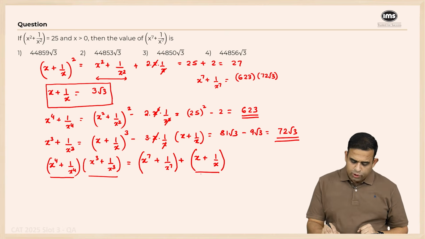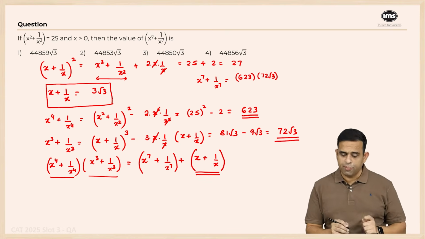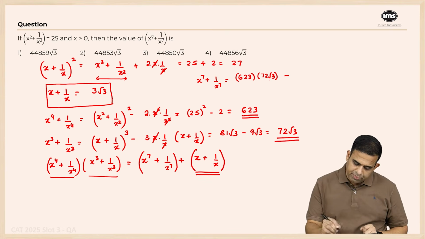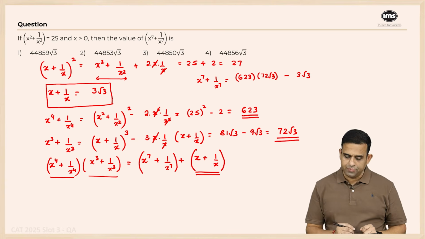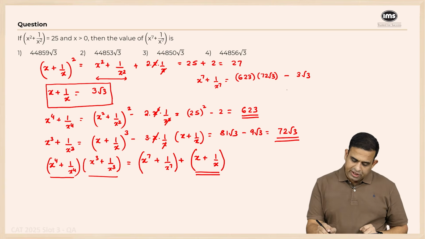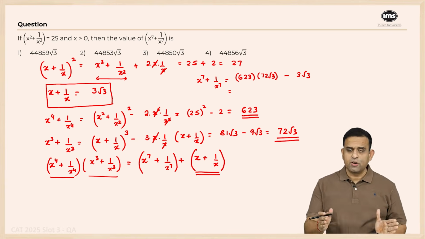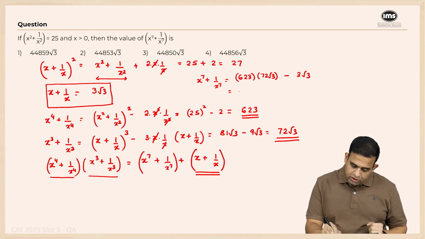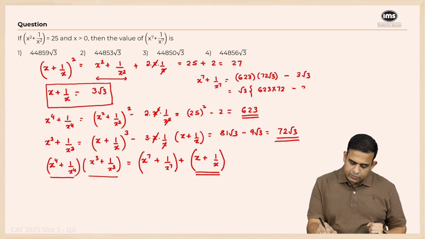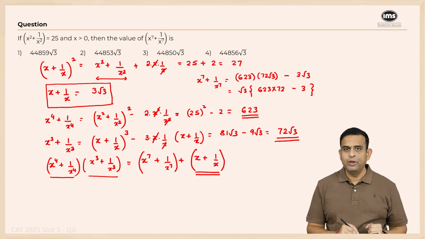And from that, I want to subtract the value of x plus 1 upon x. So over here, I will subtract this term, which is 3 root 3. Now, I can take a root 3 common because each of the options contains a root 3 term. If I take root 3 common, you basically get 623 times 72 minus 3 over here.